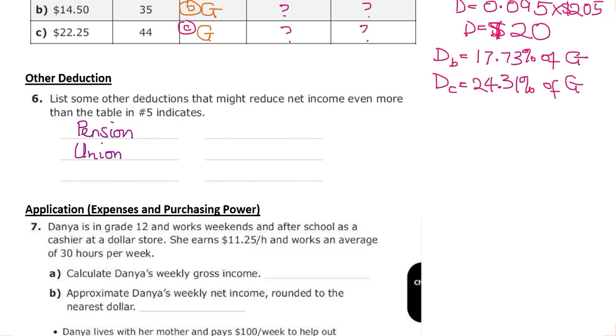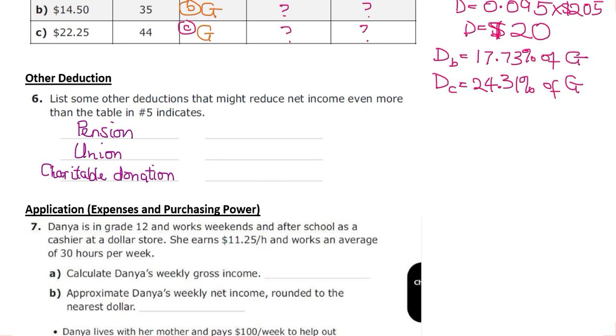Another one is if you're contributing to a particular charitable organization. Any form of donation could influence your deduction by being taken away from your gross income.